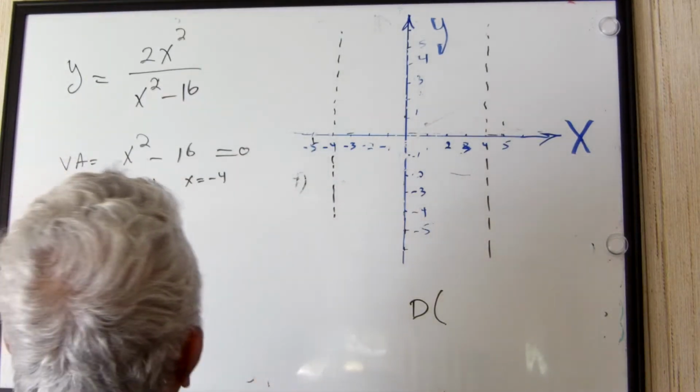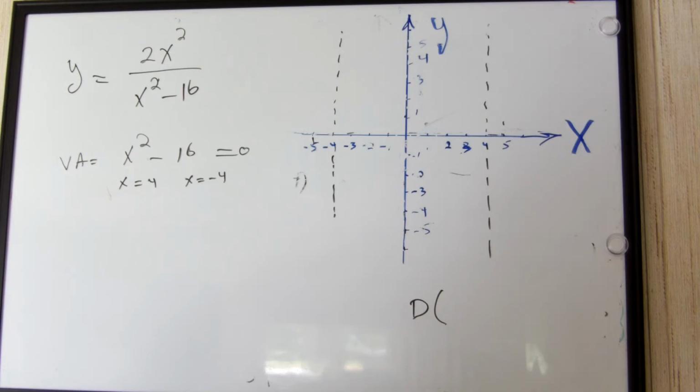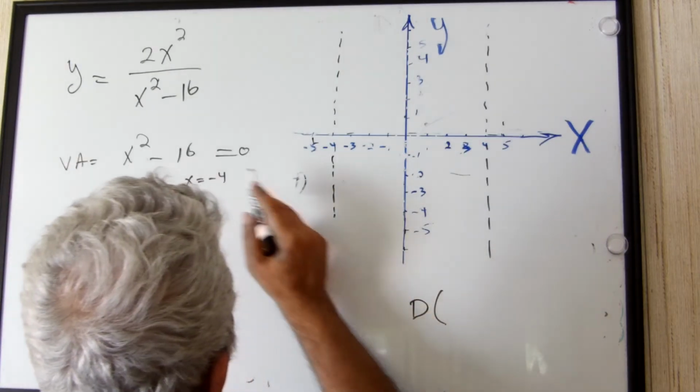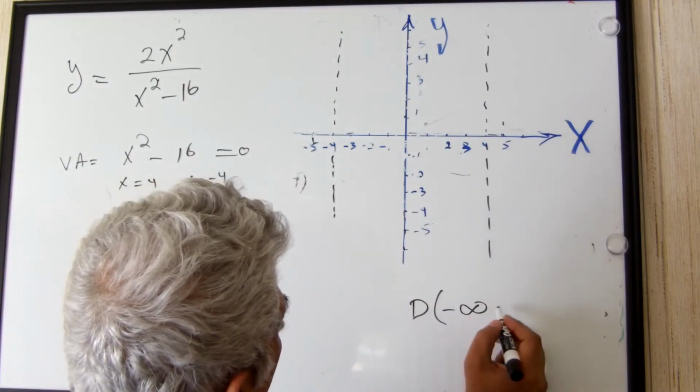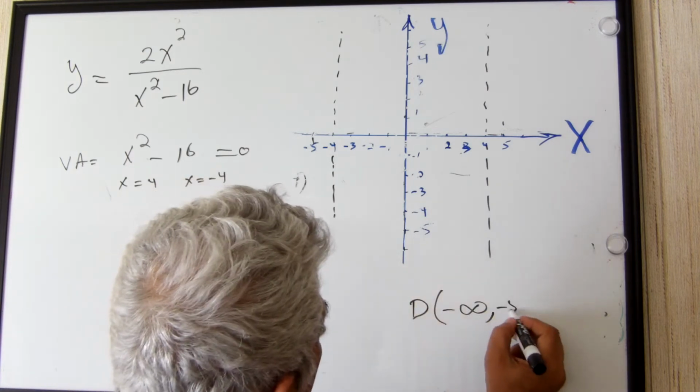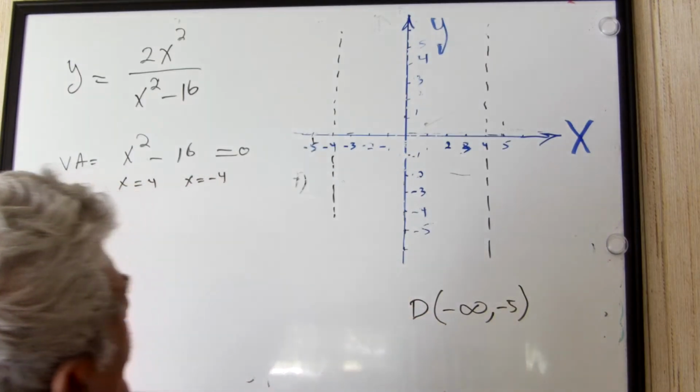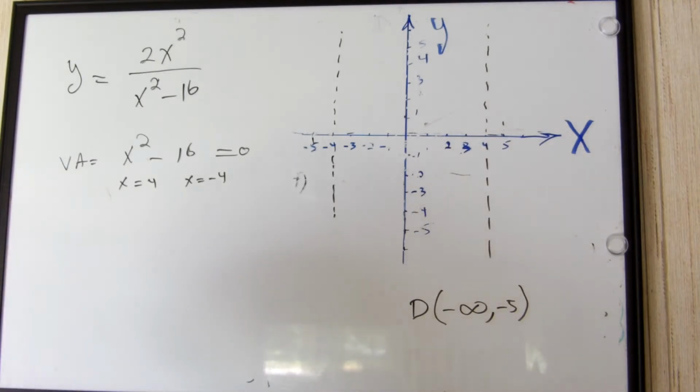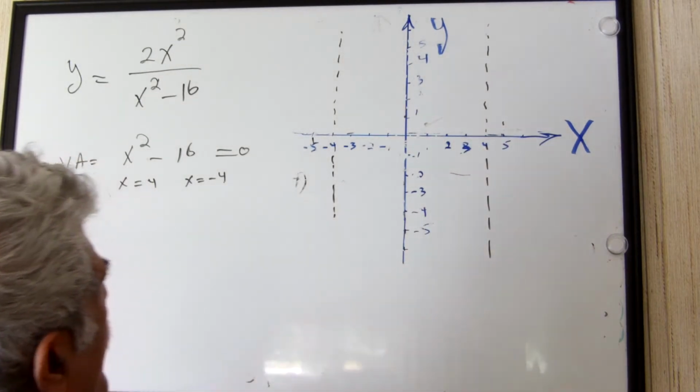So let's draw this first and then find the domain. But I will tell you now, from minus infinity to minus 5, okay, let's write it here.